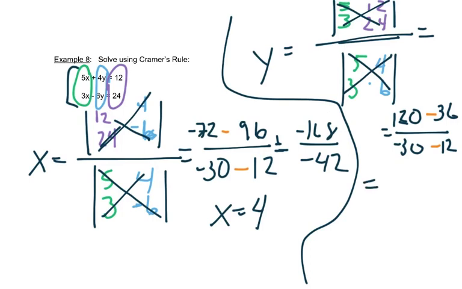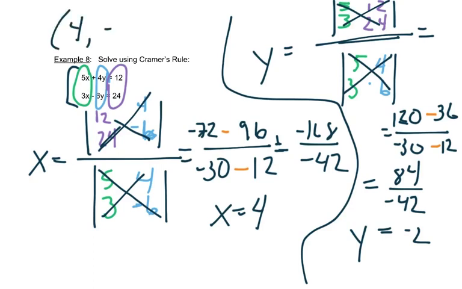So 120 minus 36 on the top gives us 84. On the bottom we get negative 42. And 84 divided by negative 42 is negative 2. So we know y is negative 2. And then we just write our answer as a point: 4, negative 2.